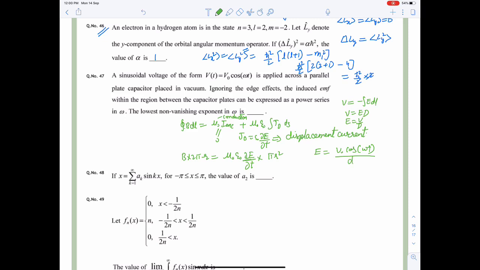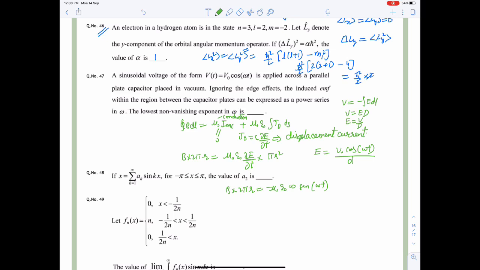So now you can write B into 2 pi r is equal to mu naught epsilon naught dE/dt. When you do this derivative with respect to t, it will become minus omega sine omega t.